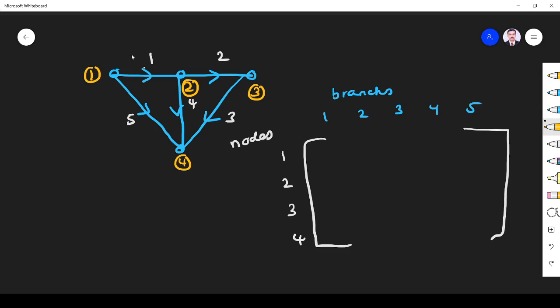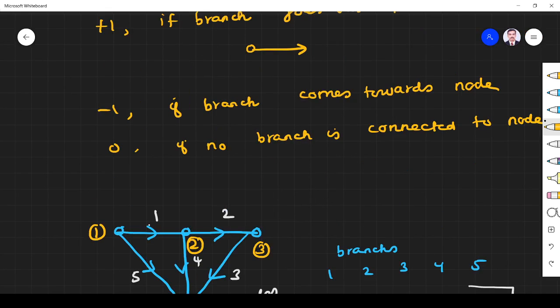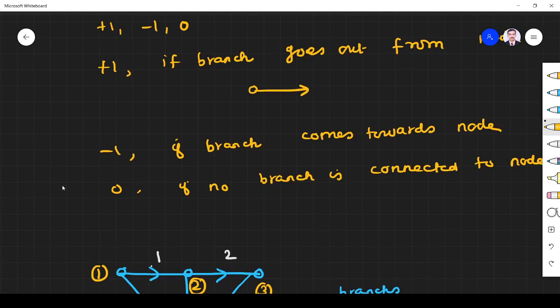Now we draw. Let us take node 1. Here branch 1 goes out. I told already, if a branch goes out from the node, it is +1. If a branch comes towards the node, you have to put -1.